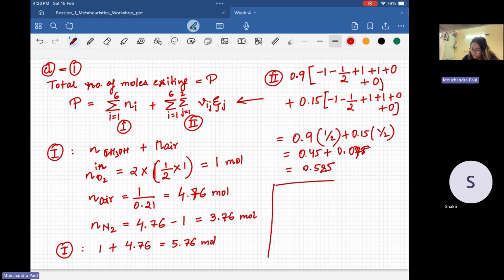So if we add now part A and part B, it will be 5.76 plus 0.525. So it should be 6.195.